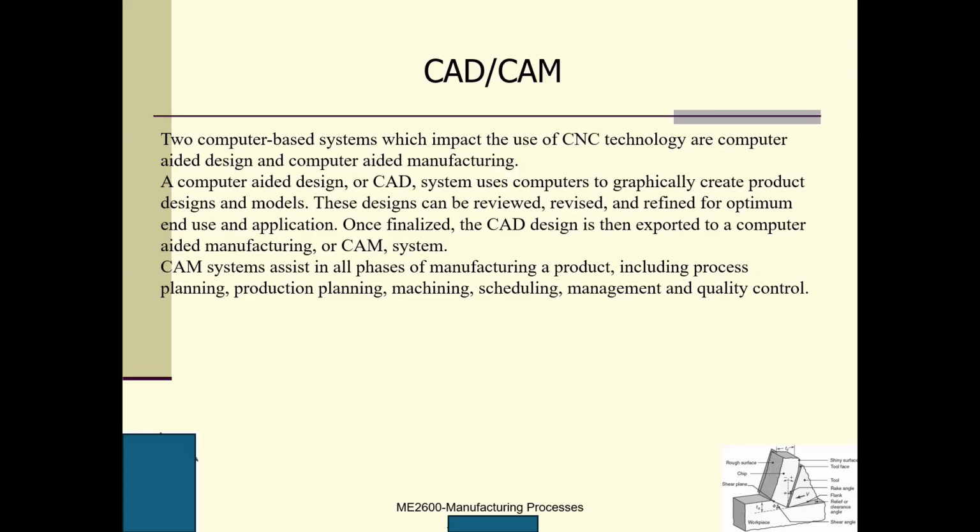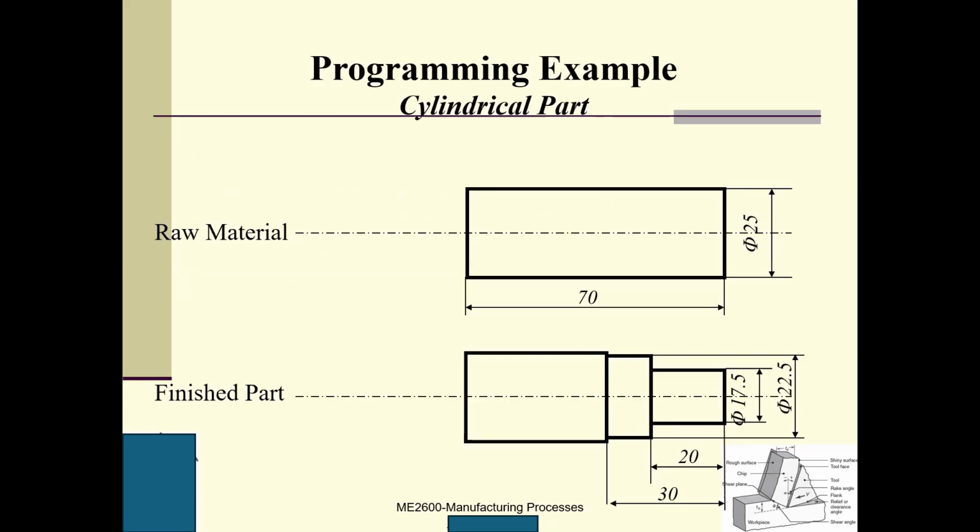And CAM generates the two parts, G code and M code. But now people include the CAPP in this CAM. CAM is broadened. And here is one example, guys.